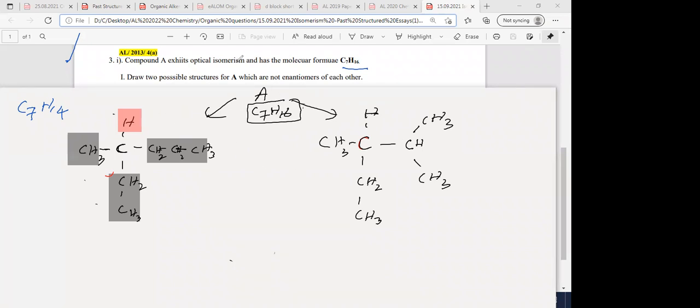Now here also there are 4 different groups: CH3, this one, and this one.